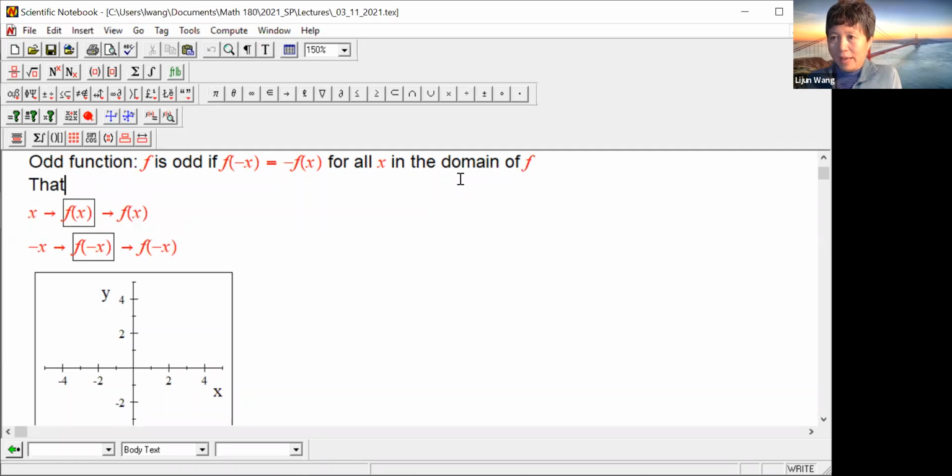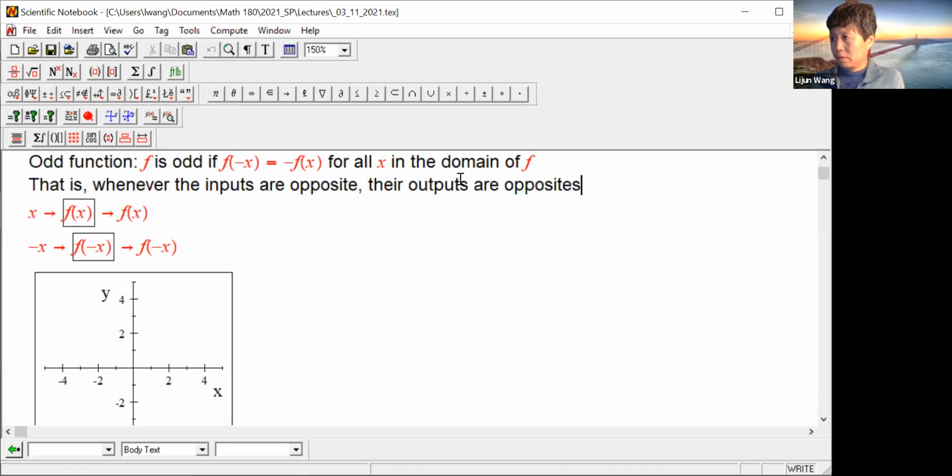That is, whenever the inputs are opposite, their outputs are opposite as well. You can say they're respective.